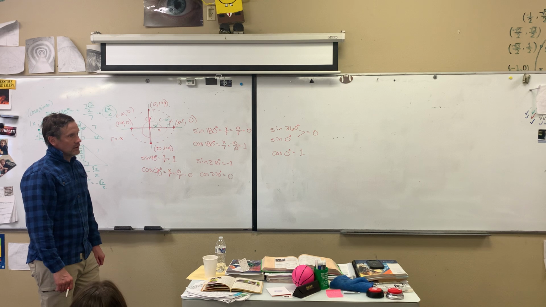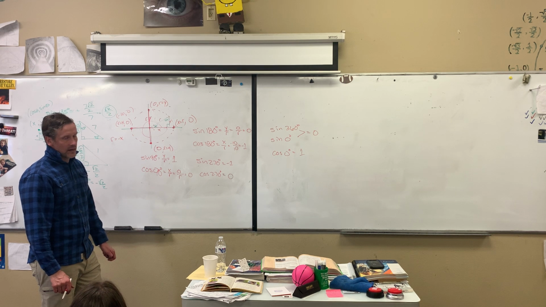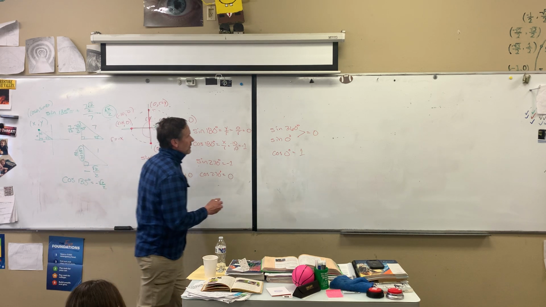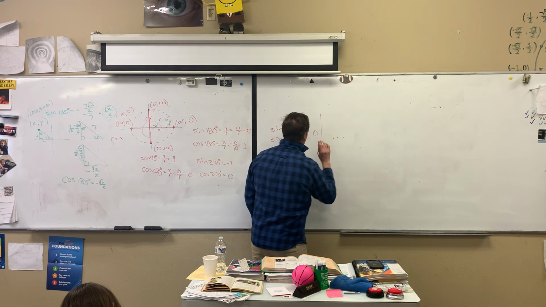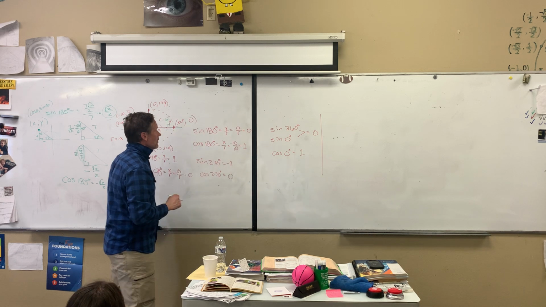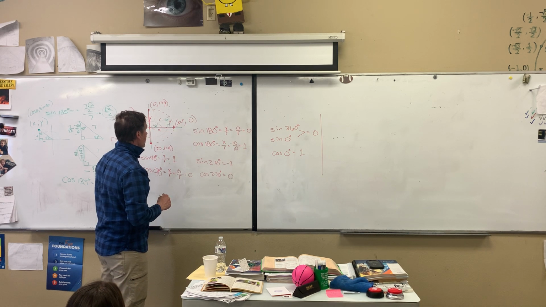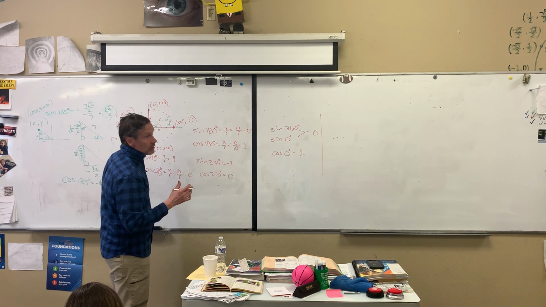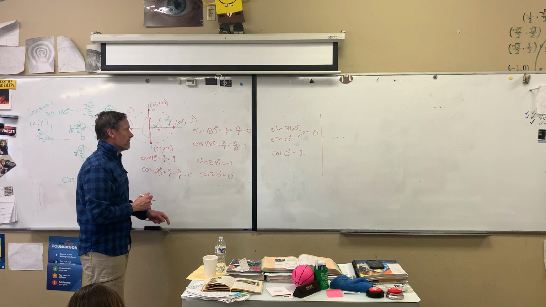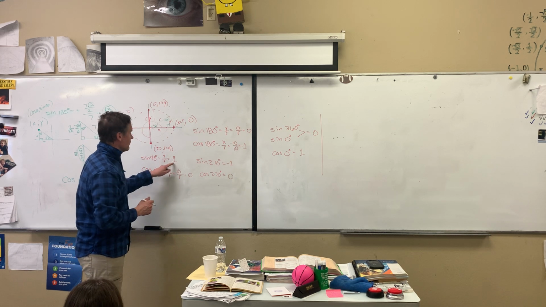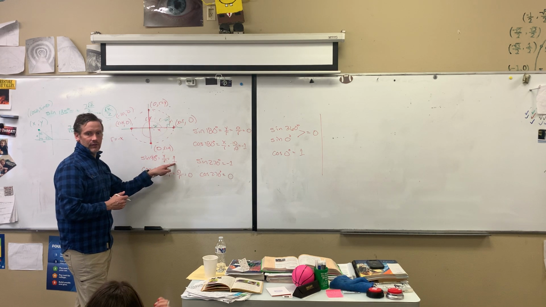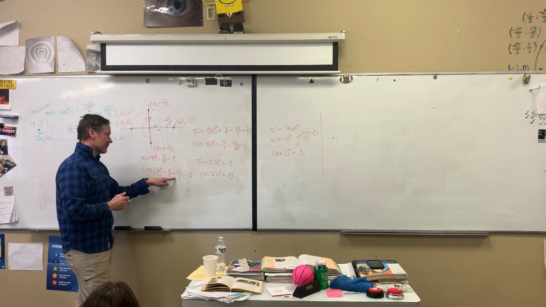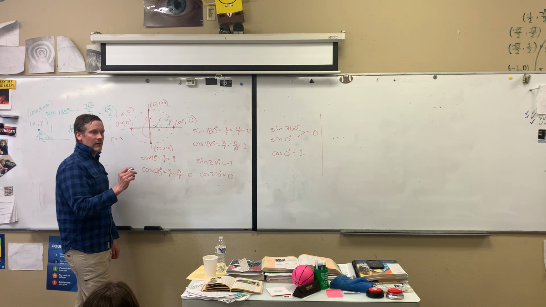Now, we didn't talk about tangent, so let's talk about tangent at all these spots. But by the way, maybe we should talk about the reciprocals too. Sine of 90, let's say, is 1. What's the reciprocal of 1? 1. So the cosecant of 90 is 1. But what's the reciprocal of 0? Can't divide by 0.